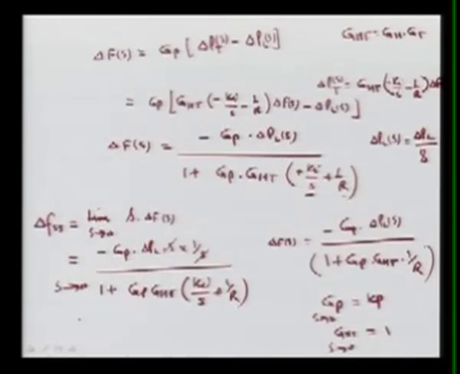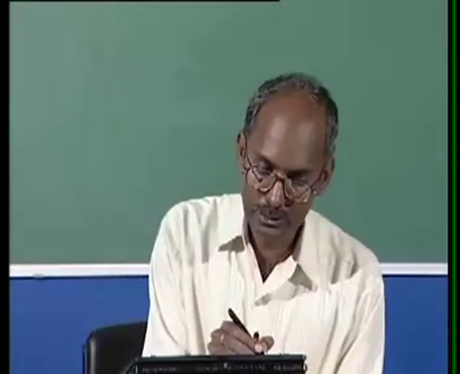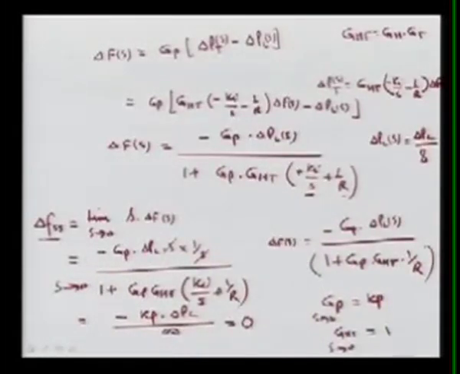So what we are getting here is minus Kp into change in PL divided by 1 plus infinite, which is again infinite, so this is nothing but 0. This is our criteria, that we have to get this value 0, means the steady state error is 0 and it is required. So we can see the integral controller gives error 0, and that is the requirement, and we also verified.